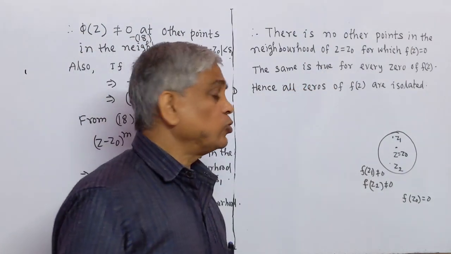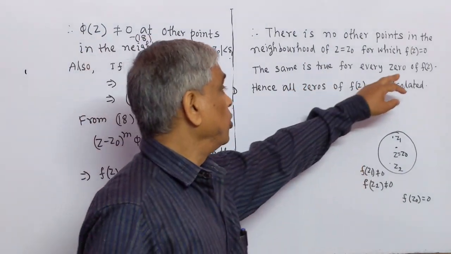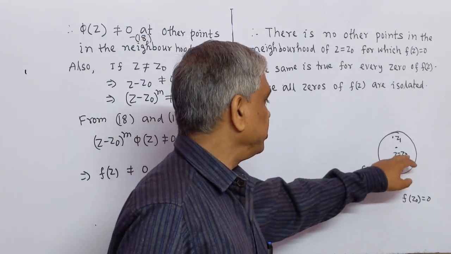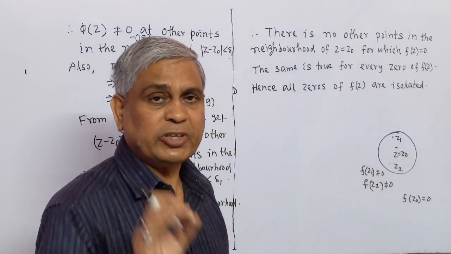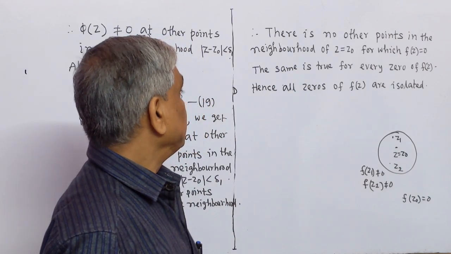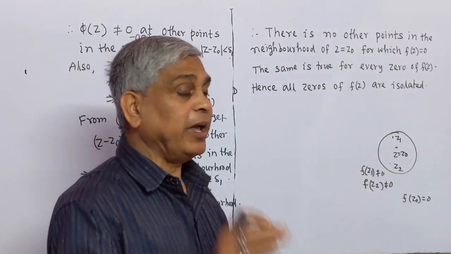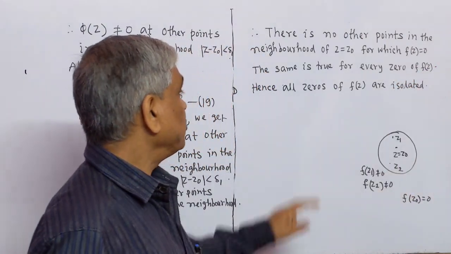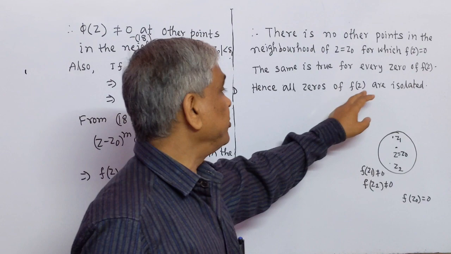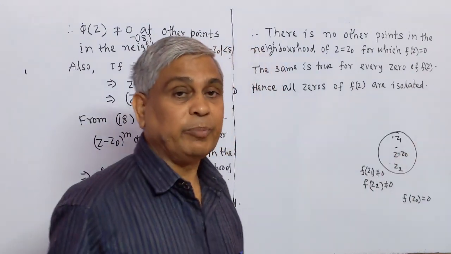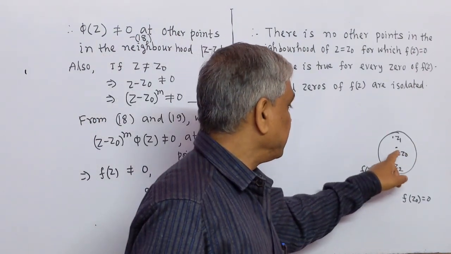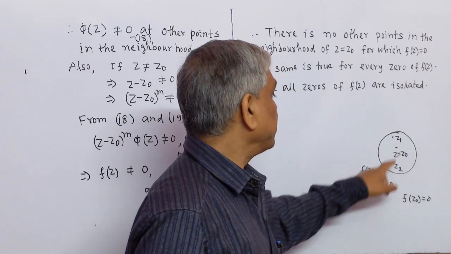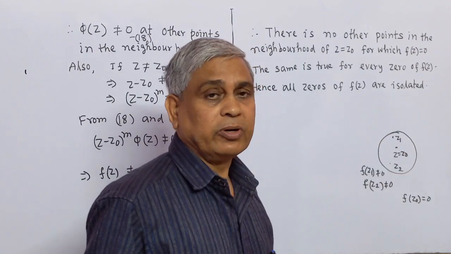The same is true for every 0 of f(z), as this z equal to z0 is a 0 of this function. Similarly, the same is true for every 0 of the function f(z). Hence, all zeros of f(z) are isolated. Isolated means except this point, f(z) not equal to 0 in the neighborhood.